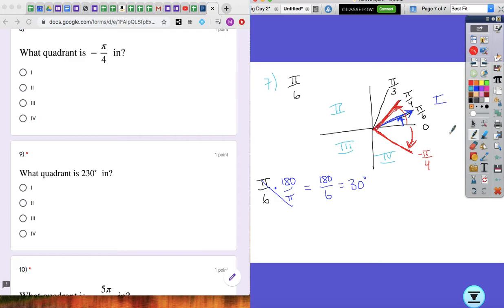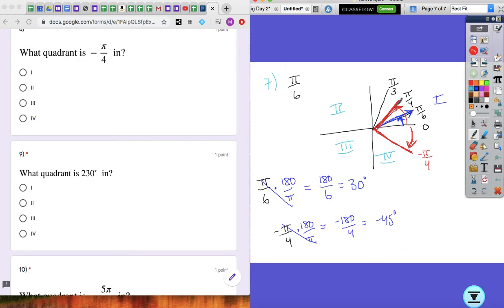But let's say that you don't like it in radians and you don't like it as a negative. You can convert. So we could convert this into degrees, just like we did the other one. If I multiply by 180 over pi, those pi's would cancel, and I would have negative 180 over 4, and that would be negative 45 degrees.